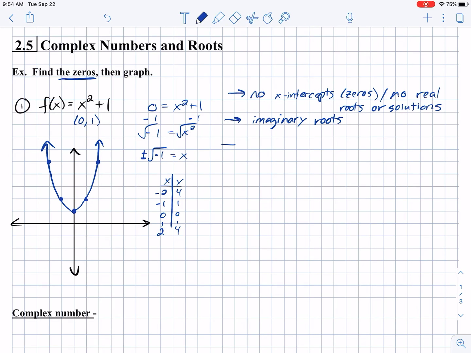An imaginary number, we just use the letter i. It's just the square root of a negative number.